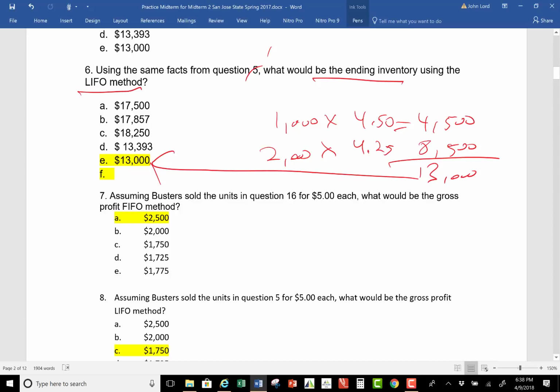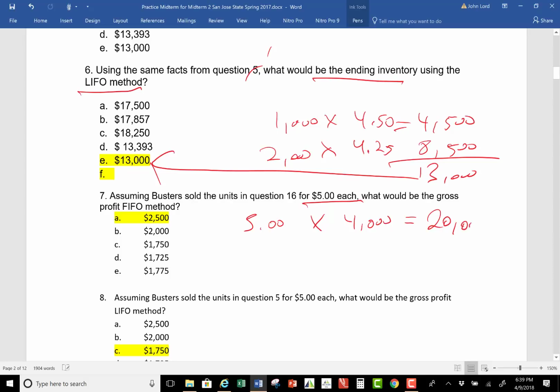So then I ask, what is the gross profit using the FIFO method if I sell these for $5 each? Who wants to do that one? Peter? $5, not 5,000. $5 by the 4,000 units that we sold. And that's giving me what, 20,000, I guess?